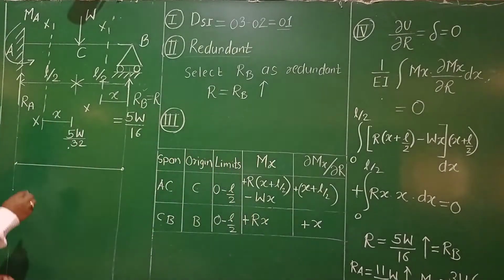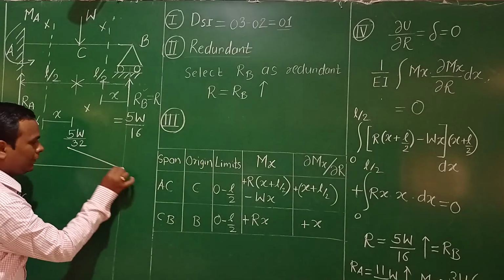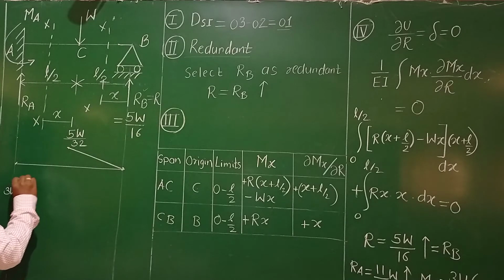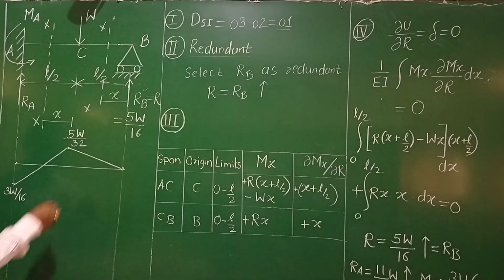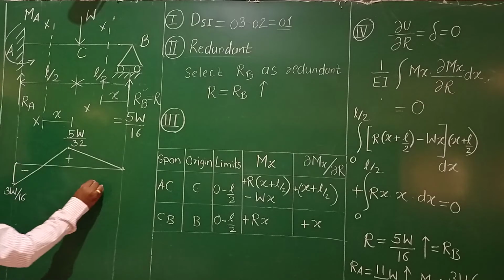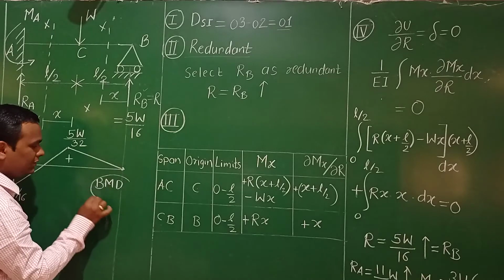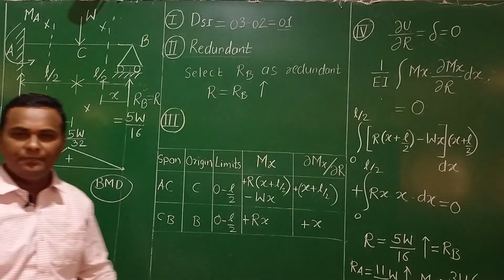Therefore, we can plot it in the negative direction, and we can join these 3 points like this. This is plus, this is minus. So here we have the bending moment diagram for this given propped cantilever beam.